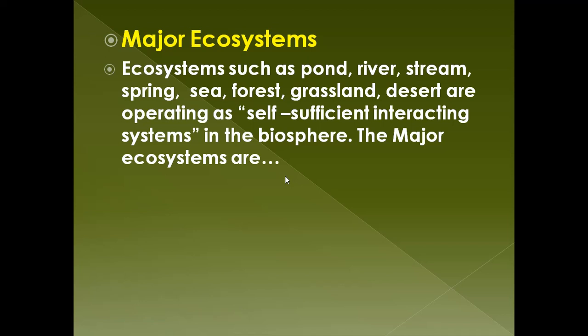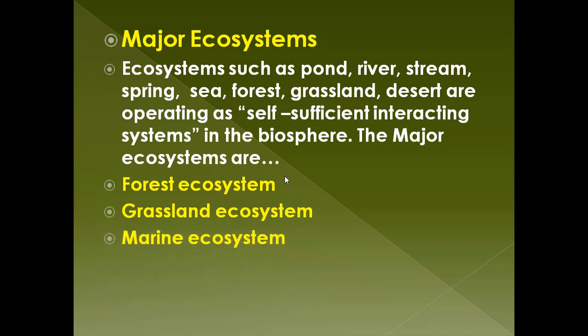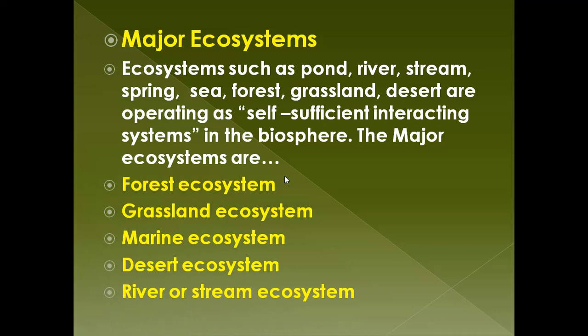So there is a perfect interaction, making a healthy ecosystem. So ecosystems are like forest ecosystem, grassland ecosystem, marine ecosystem, desert ecosystem, and river or stream ecosystem.